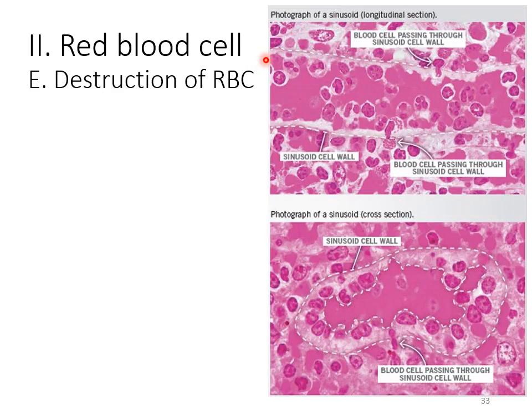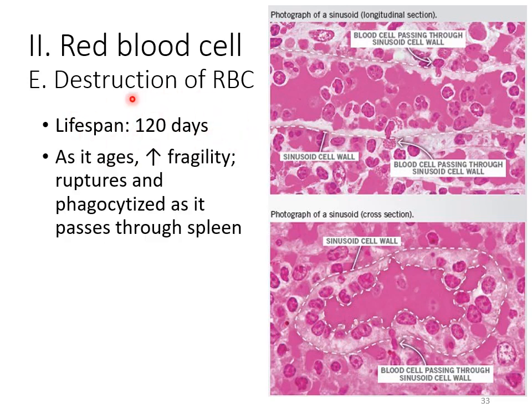Now, what happens to the red blood cell at the end of its lifespan? Remember that your red blood cell does not have a nucleus and does not have organelles, thus it has a very limited ability to repair any damage that it receives during its lifespan. Its lifespan is limited to around 120 days, and as your red blood cell ages, the fragility increases.